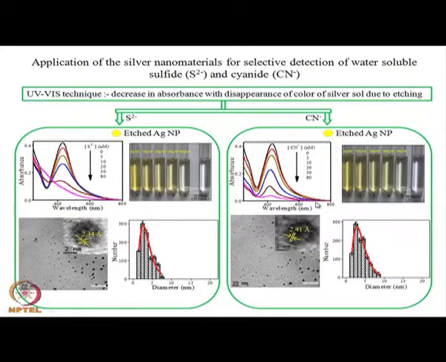This also happens when cyanide is added; you see a similar trend. This is because the nanoparticle is etched as a result. The particle becomes smaller and smaller, as a result of which the characteristic plasmon band of the nanoparticle is lost, and therefore we can see it.